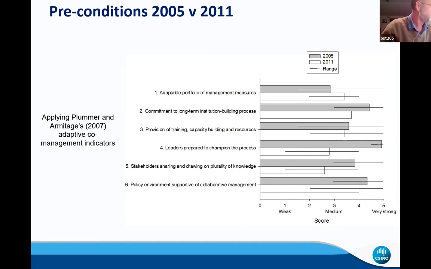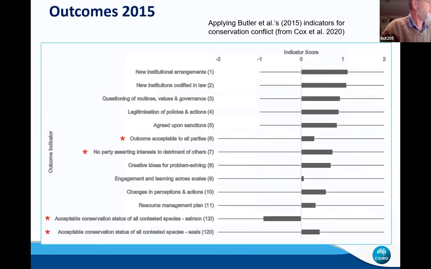those weaknesses. And then what we did after that is we actually adapted or changed the indicators slightly, Juliet and I, to try and incorporate more on the conservation conflict side of the process and the outcomes and the preconditions.